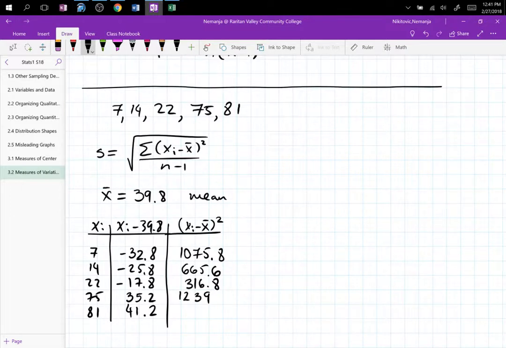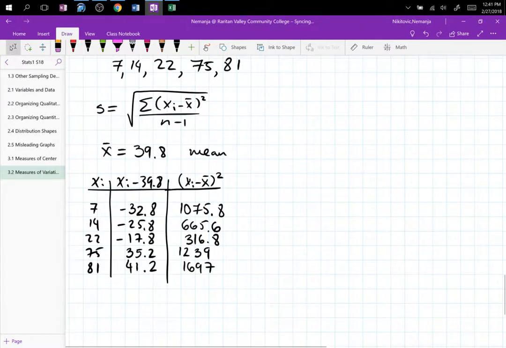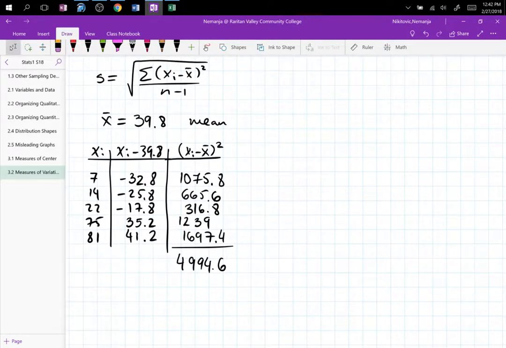And 41.2 squared is 1697.4. Good. So now we're going to add all of these numbers. We get 4994.6. Great.